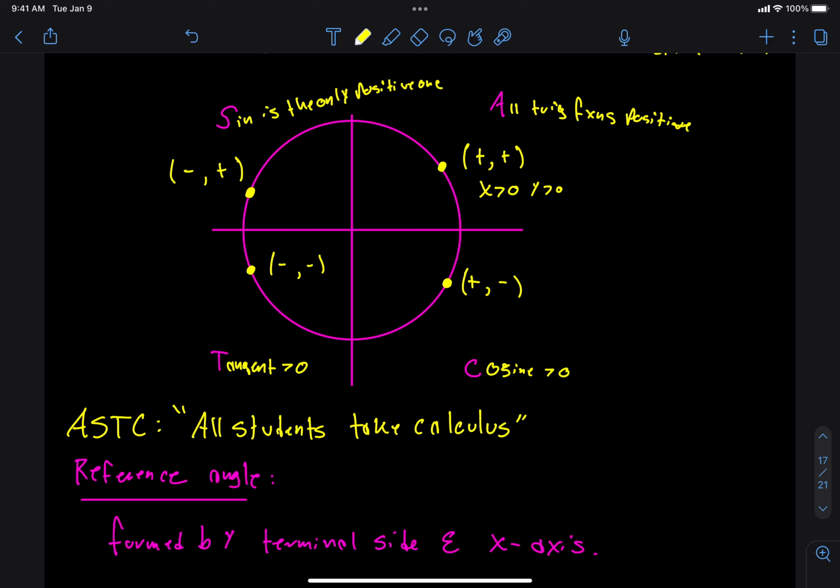Is 47 pi over 6 between 0 and 2 pi? No, it's bigger than that, because what is 47 divided by 6? It's something bigger than 2. Okay, so we're going to go again. So let's do 47 pi over 6 minus 12 pi over 6 equals, let's see, this is going to be 35.